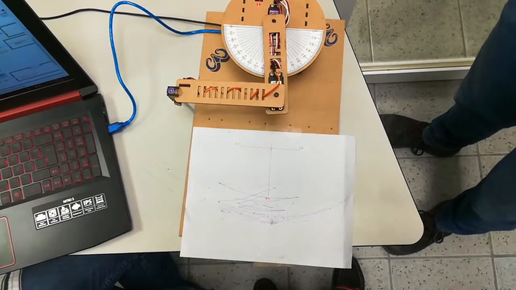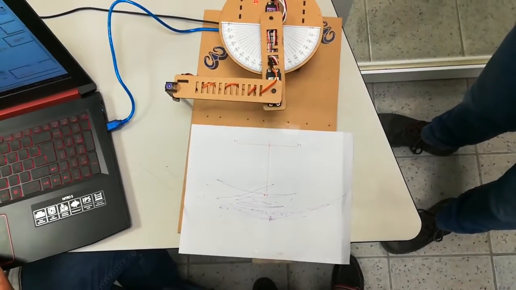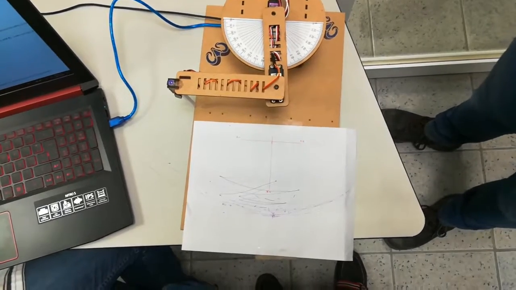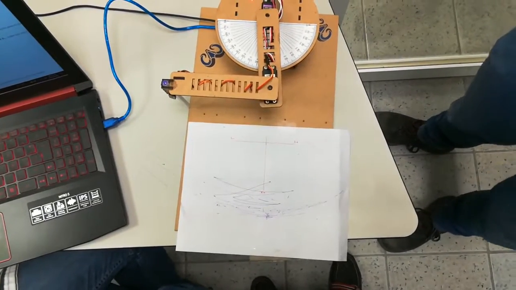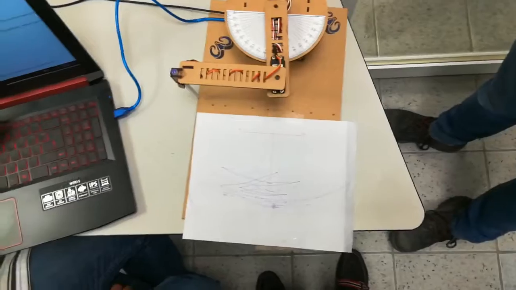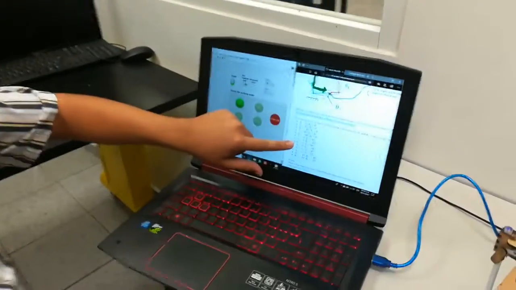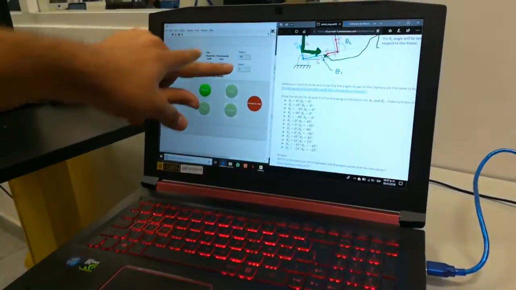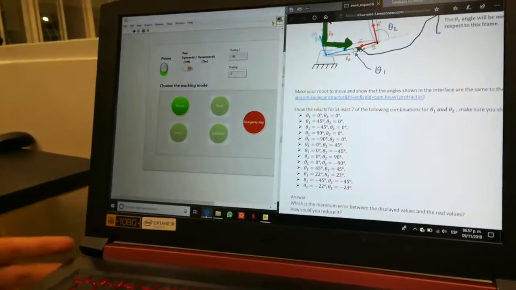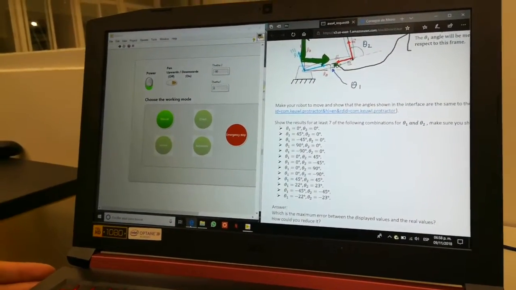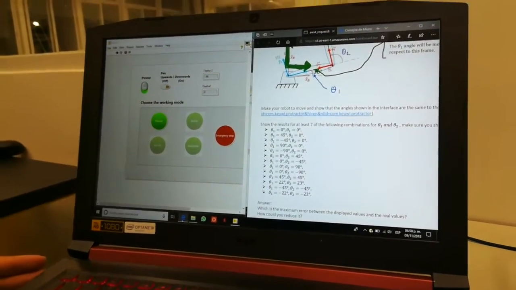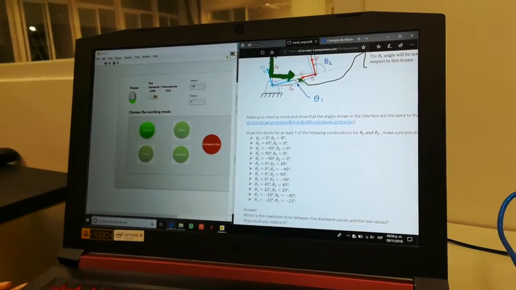So here we can see the robot, 0 degrees theta 1 and minus 90 degrees theta 2. And as you can see in the HMI, the angles are the same that we are showing in the links of the robot, minus 90 and 0 for theta 1.